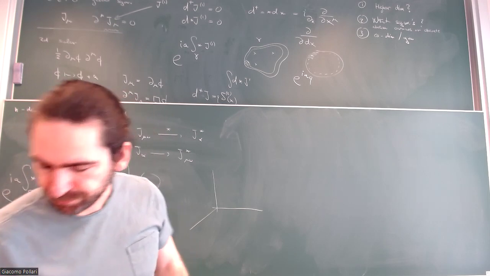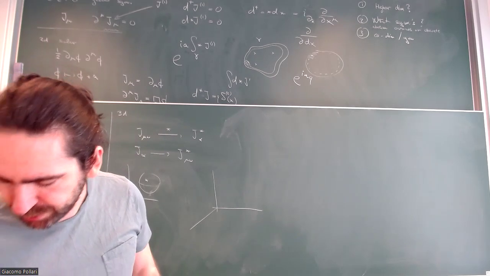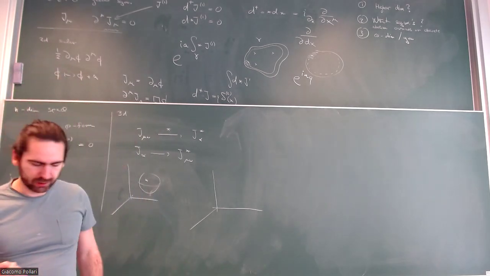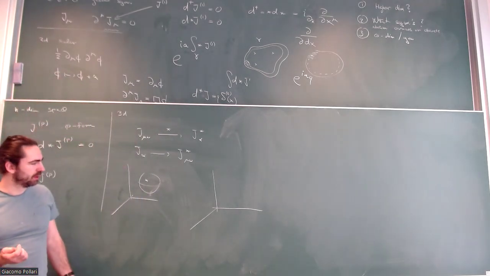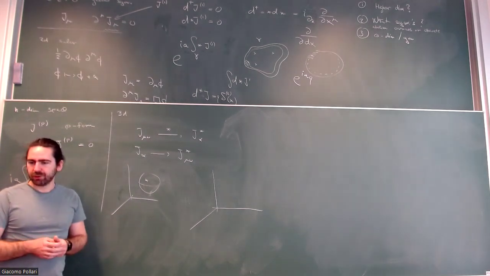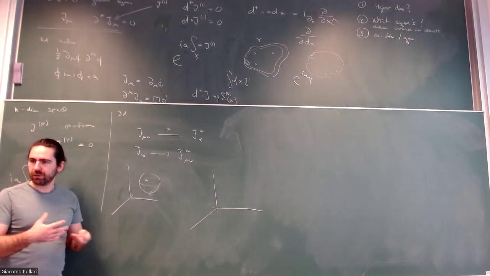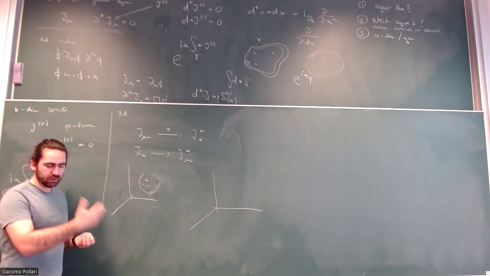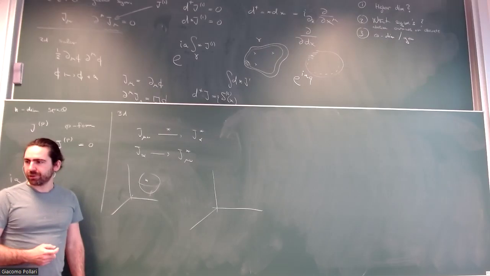Yeah, so in Maxwell theory, your elementary field is the gauge field, right? Maybe, but that's not really a good observable. It depends on what gauge you're in, so it's not a gauge invariant observable.